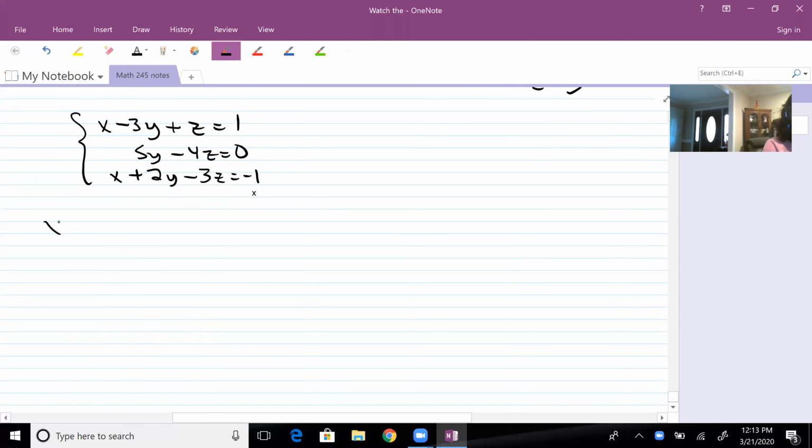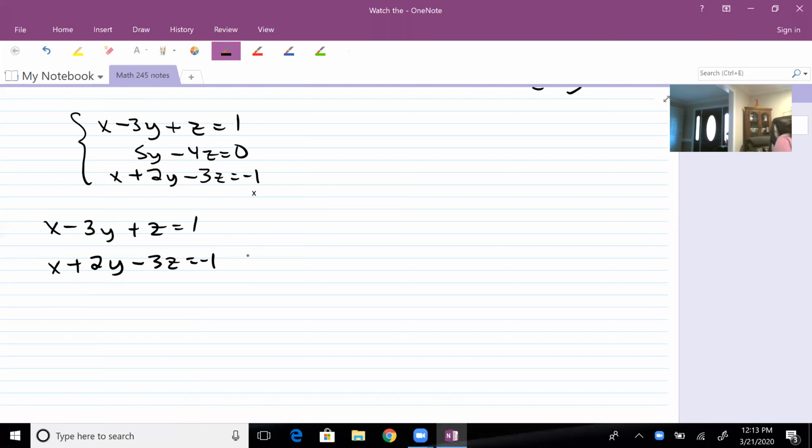Right, now that we're in the second step, we are using the first and the third equations. So let me rewrite those. And with those equations, we need to get rid of x. So they're both x. We just need one of them to be a negative one. It does not make a difference which one you multiply by -1. I'm just going to choose to go with the bottom one.